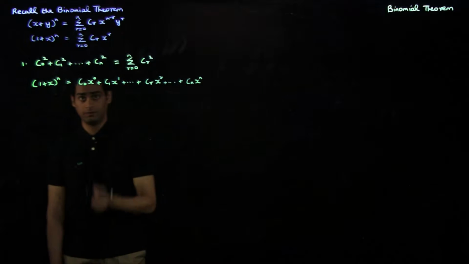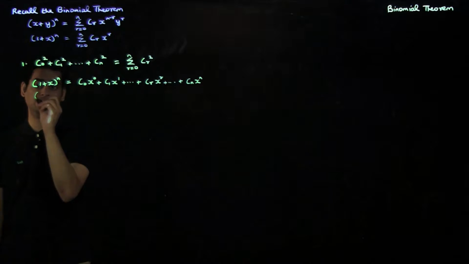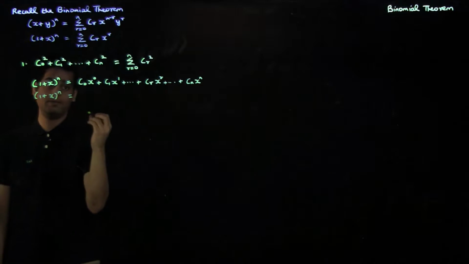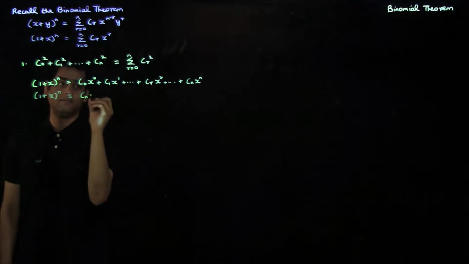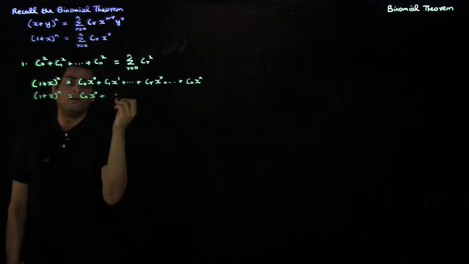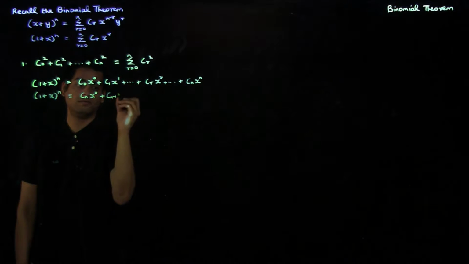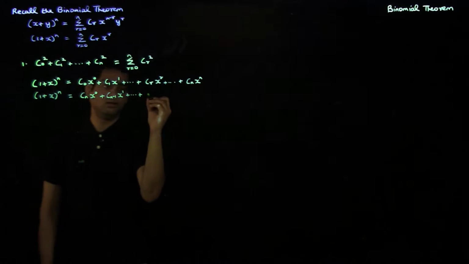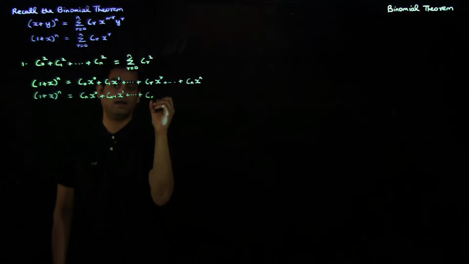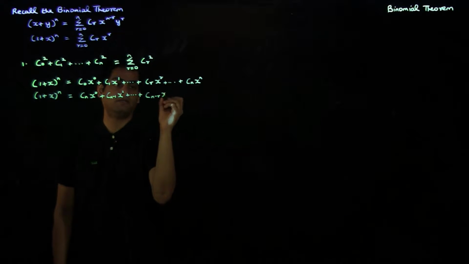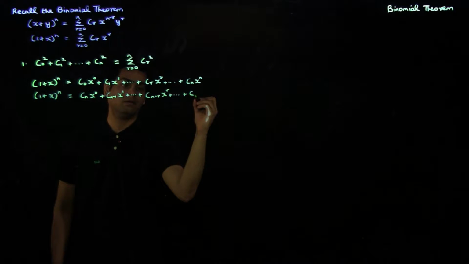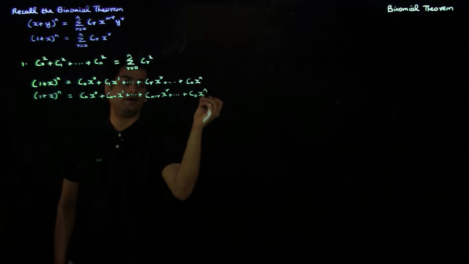So another way of writing the same expansion, as we've seen in our previous lectures, is 1 plus x to the whole power n is cn x power 0 plus cn minus 1 x power 1, and so on to cn minus r x power r, and finally we have c0 x power n.